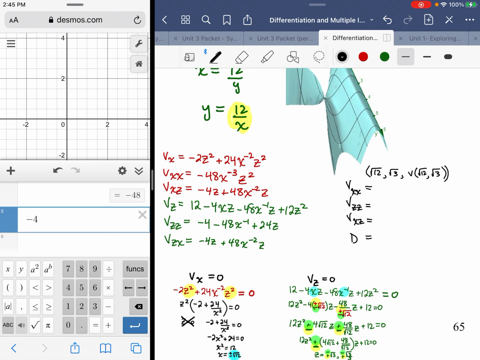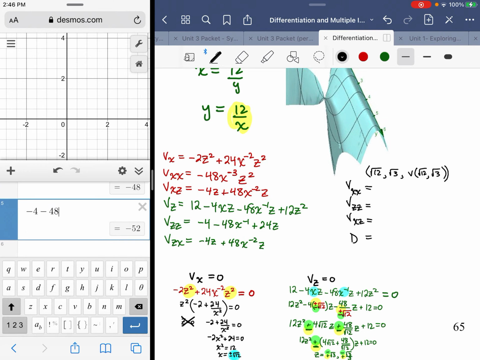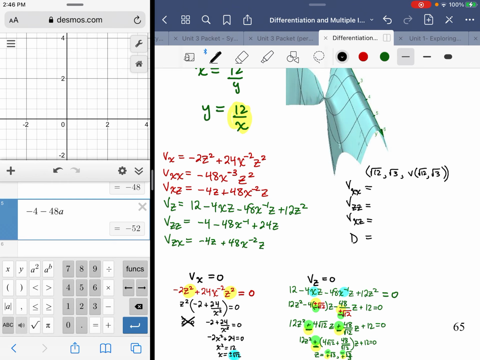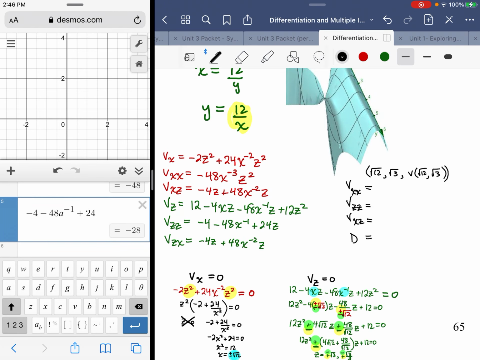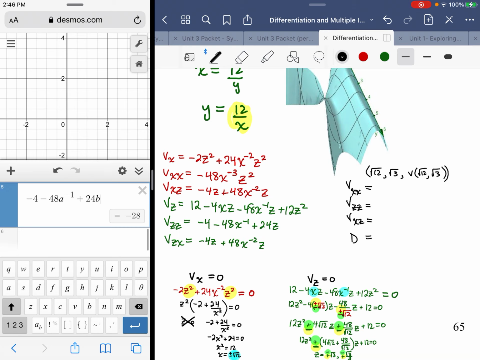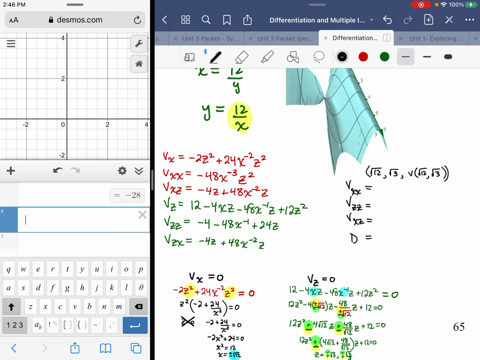Then I want my yy, in this case zz. So negative 4 minus 48 a to the negative first, plus 24 times b. That's my zz.